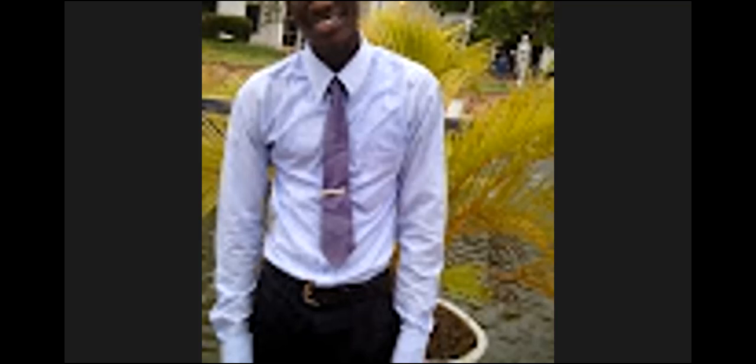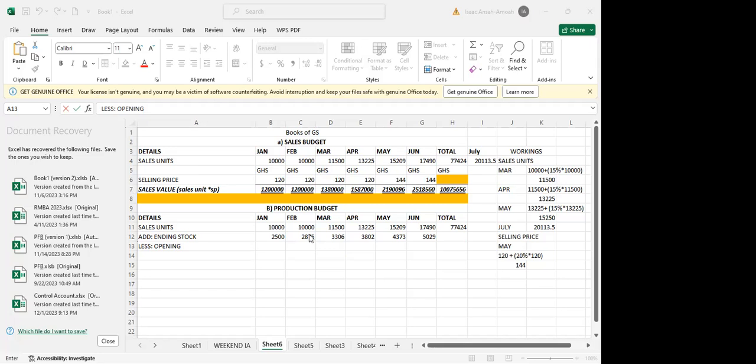We said that the ending stock of one particular period, so it would then suggest that the ending stock of January will become the opening stock of February.